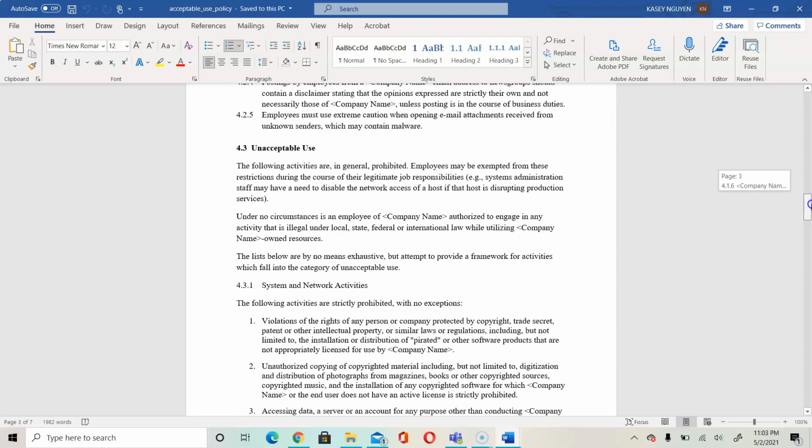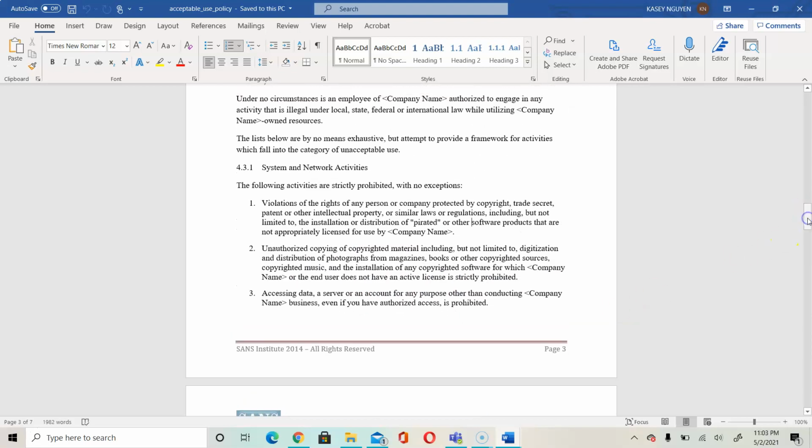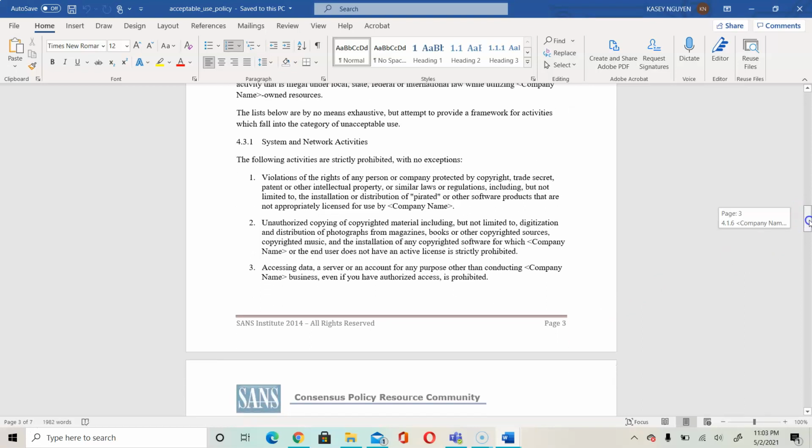Below, you would find unacceptable use, where we state what is not allowed. It's very important that we specify the violations in case they don't follow the rules. We would then state the repercussions, including being written up, terminations, etc.